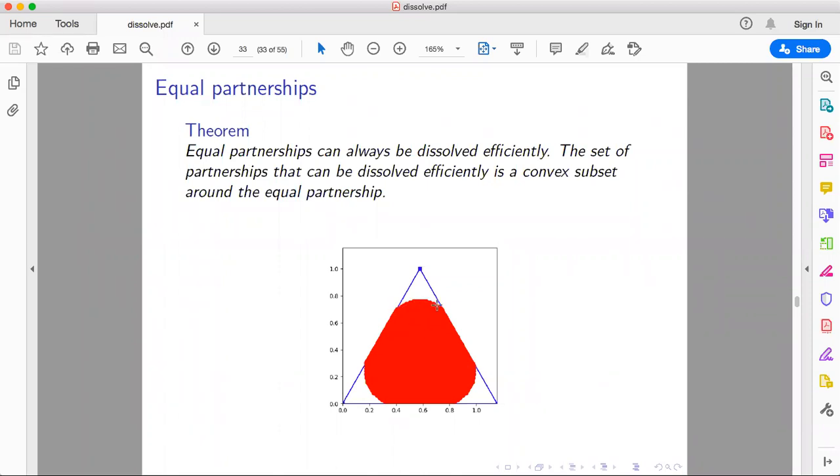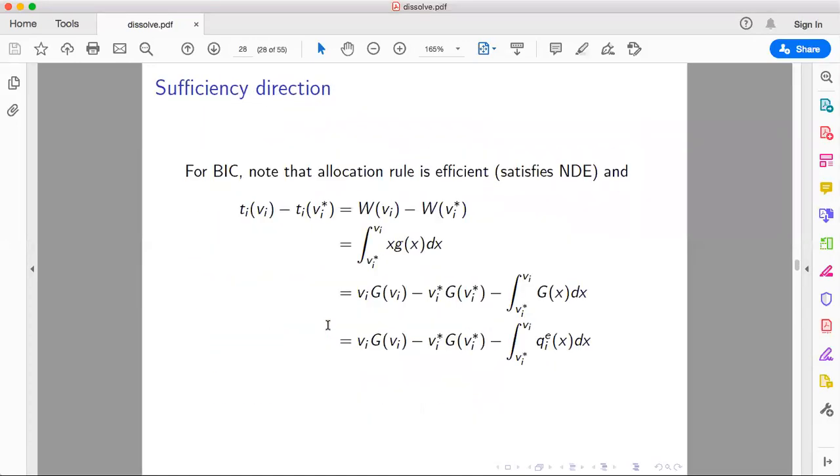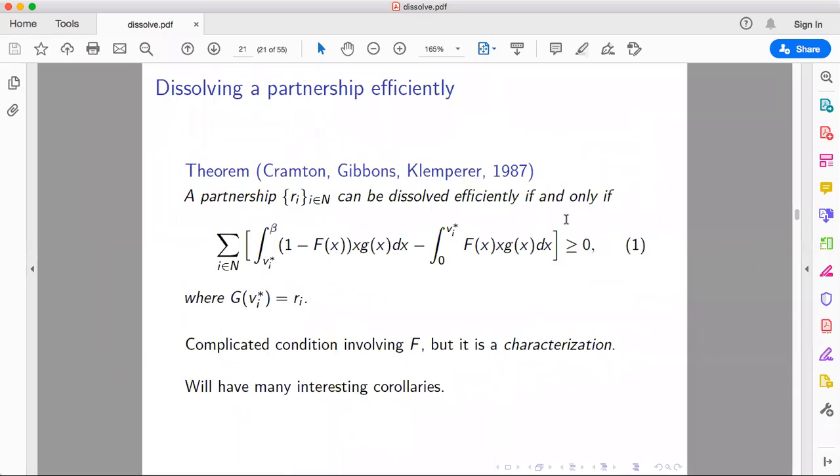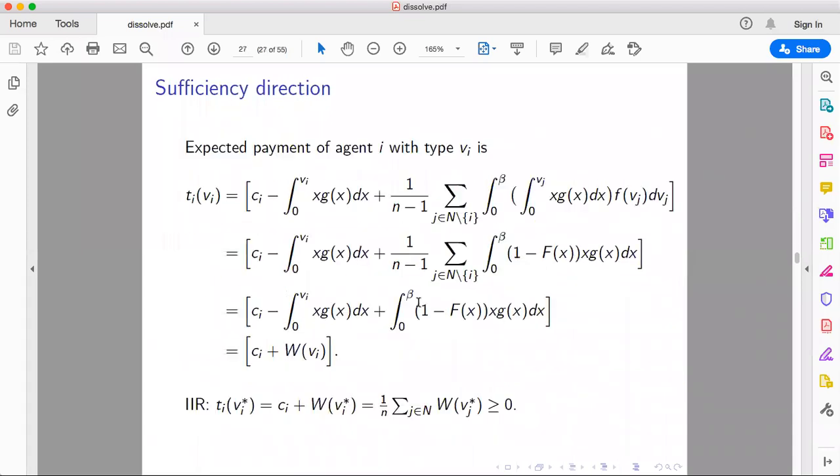So here I have drawn for uniform distribution. If capital F is uniform between 0 and 1, then what is the set of partnerships that satisfy this CGK necessary and sufficient condition?